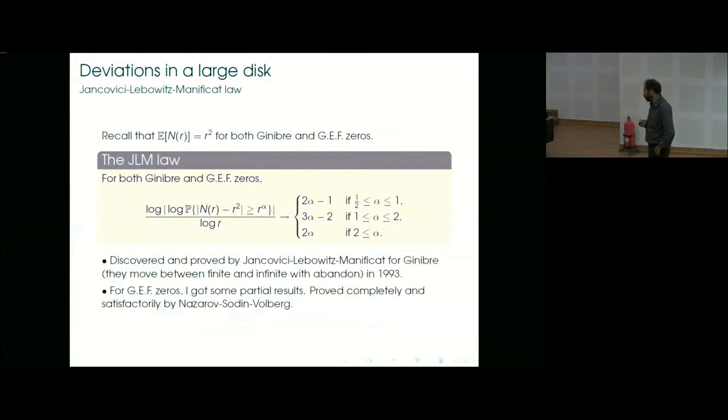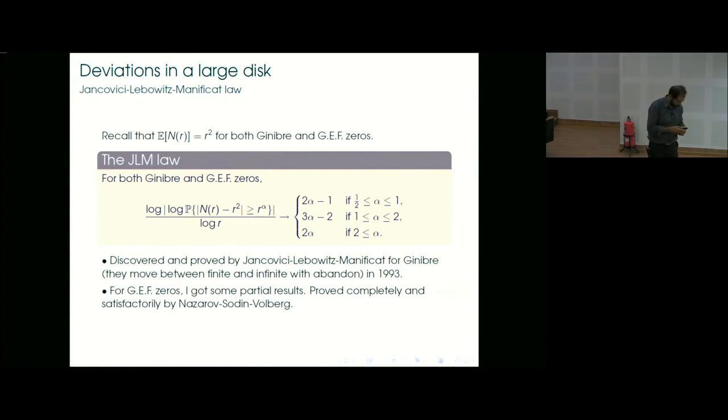Then you expect r squared many zeros there, but now I ask for a deviation from that. That the number of zeros is not r squared, but the deviation from r squared is by a power of r, suppose. So, let's say, the number of zeros is more than r squared plus r to the 3 by 2, r squared plus r, etc. So what kind of probabilities can we say here?